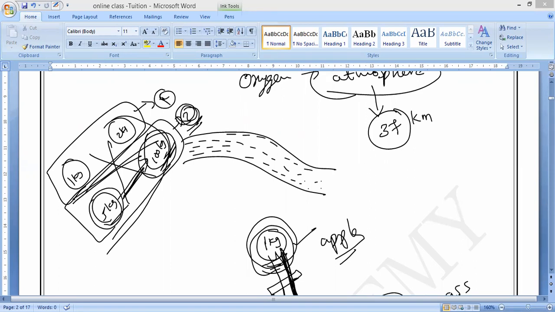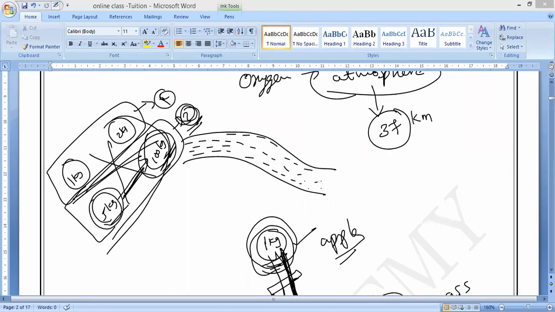That is G, the universal gravitational constant, which we represent with capital G. Capital G is the symbolic representation of gravitational force. So the gravitational force, single capital G, is called the gravitational force of attraction.